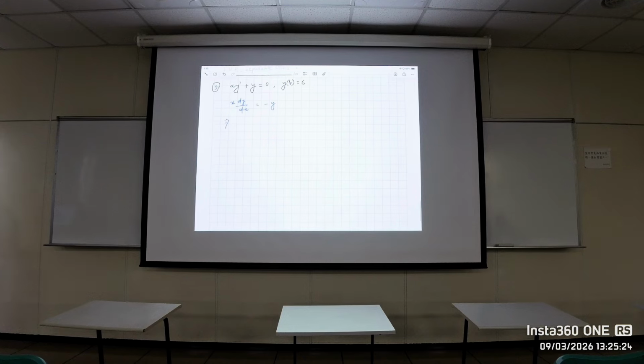Then it will become dy by y is equal to minus dx by x, so it should be a negative one, right? Then we just integrate both sides. If I integrate both sides, I will get ln y is equal to minus ln x plus c.